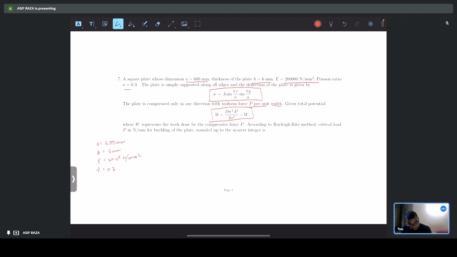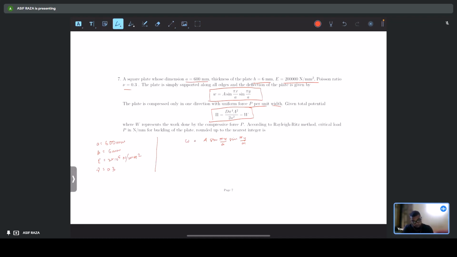Now we are given the expression W is equal to A sin pi x by a sin pi y by a, and the plate is simply supported along all edges.